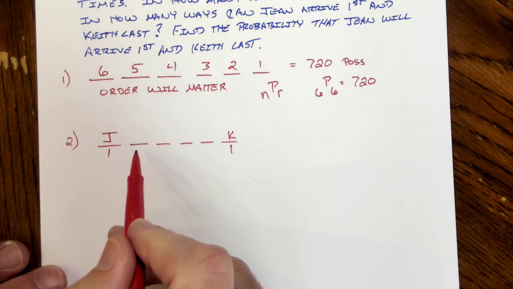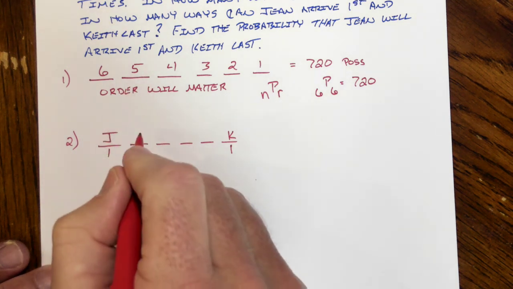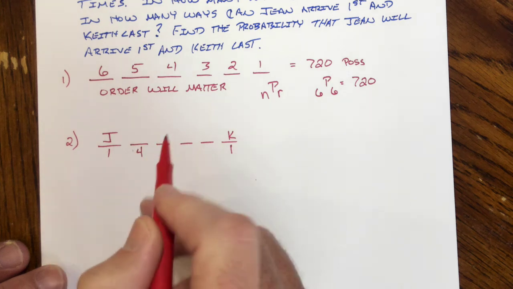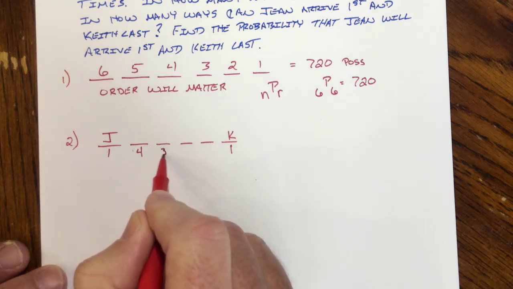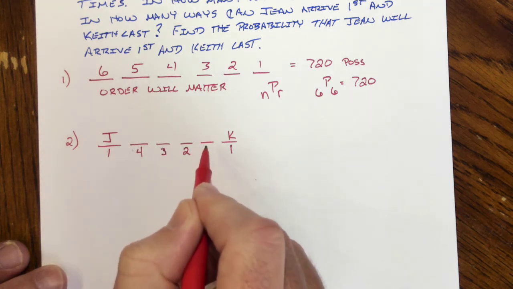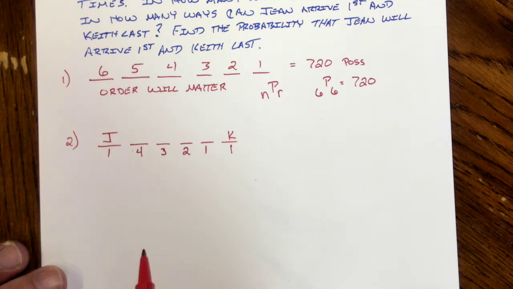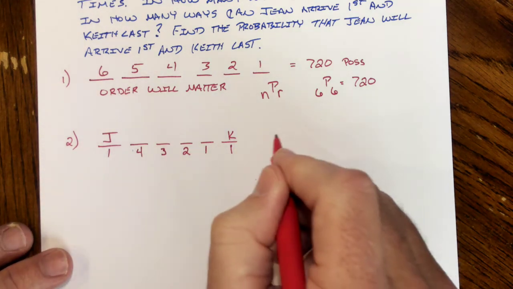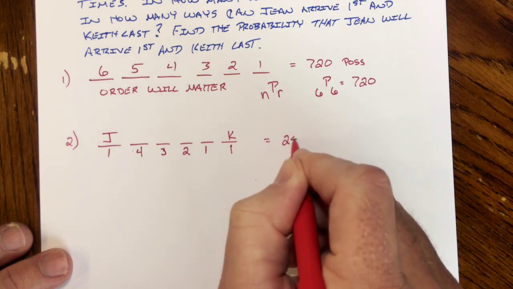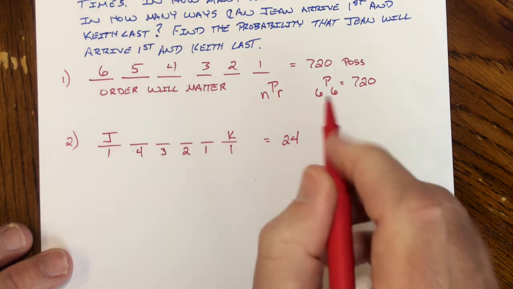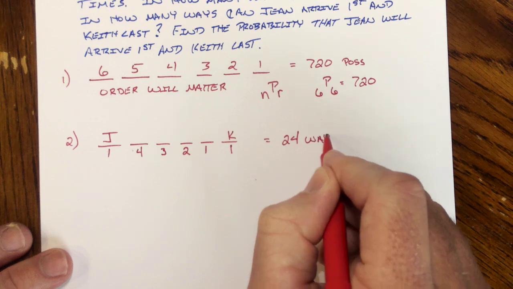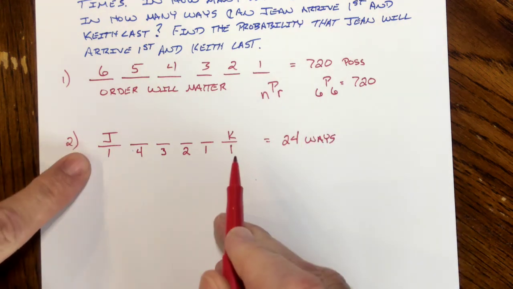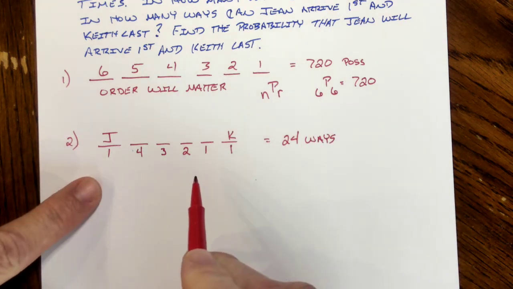How many possibilities do we have here? Well, there's 4 people left. How many possibilities now? 4, 3, 2, and then there's only one person that can finish that. As we multiply them together, you get an answer of 24 ways with Jean first and Keith last that this can happen.